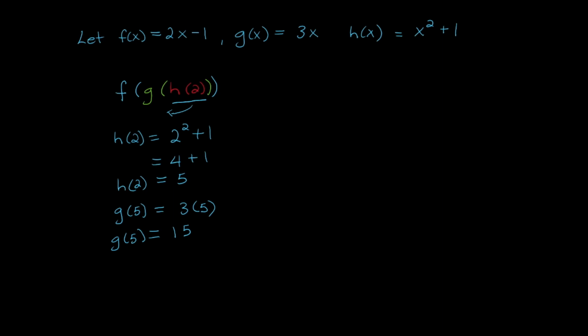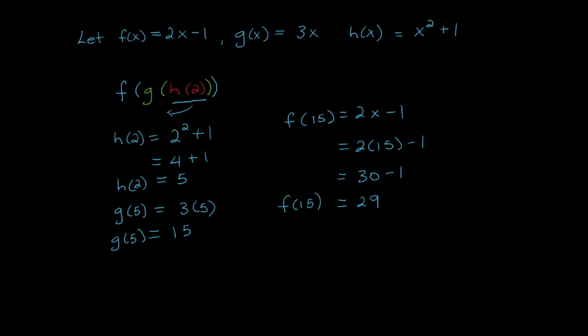And now that we found g of h of 2, we can plug that value into our function f. So f of 15 is equal to 2x minus 1, which would be 2 times 15 minus 1, or 30 minus 1, which is 29. And that is our f of 15.